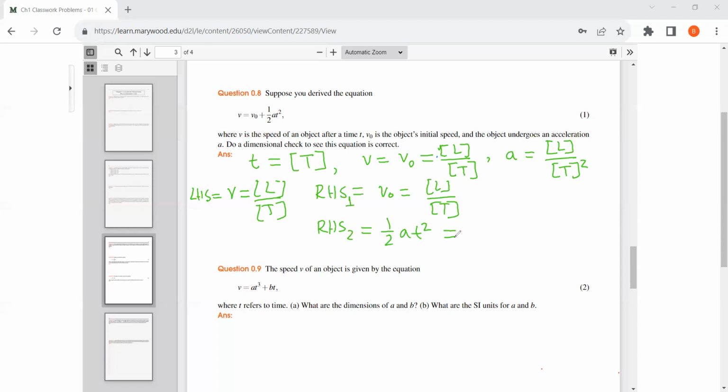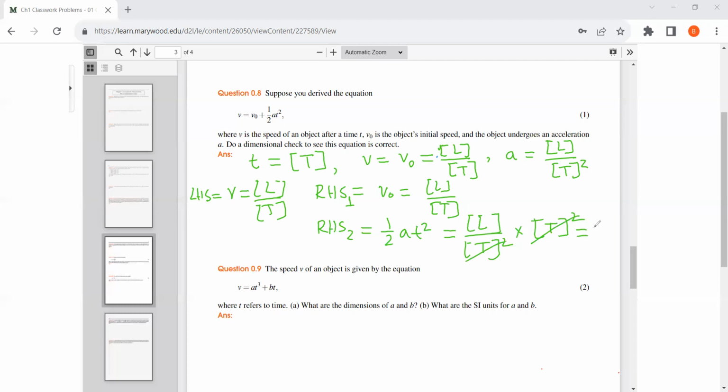Now right hand side, term 2 is half a t square. Half, the number, does not have any dimension, so we don't need to write it when we check the dimensionality of an equation. The dimension of a is L over t square, and then t square means t square. So this t square cancels out with this t square.